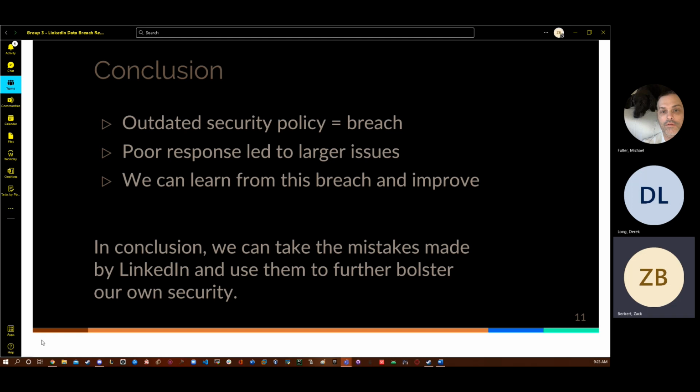Their poor response, the fact that they only sent emails and didn't even mandate the password change, just sent out emails requesting that users change their password, led to the larger issue since they didn't know the full scope of the breach. As a matter of fact, we still don't know if that's all the accounts. And by using this information, we can learn from this breach, improve our security, and make it so that we are less prone to being attacked.